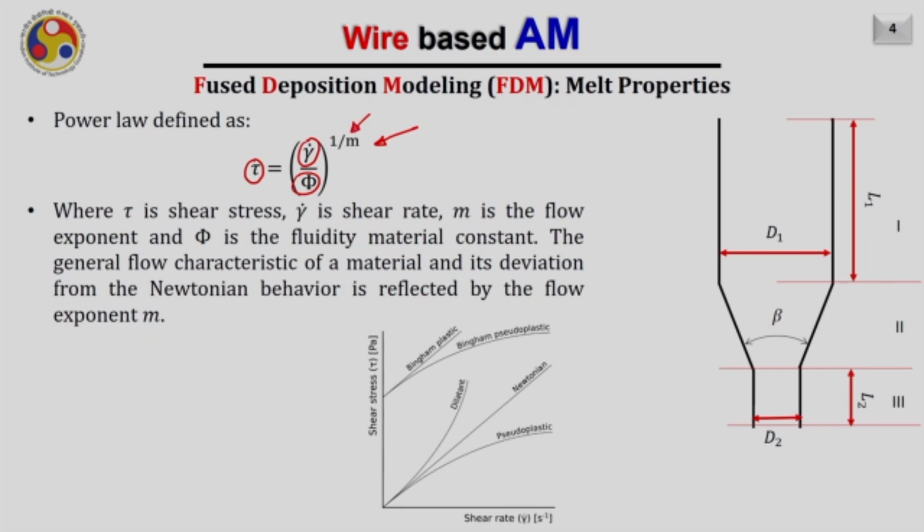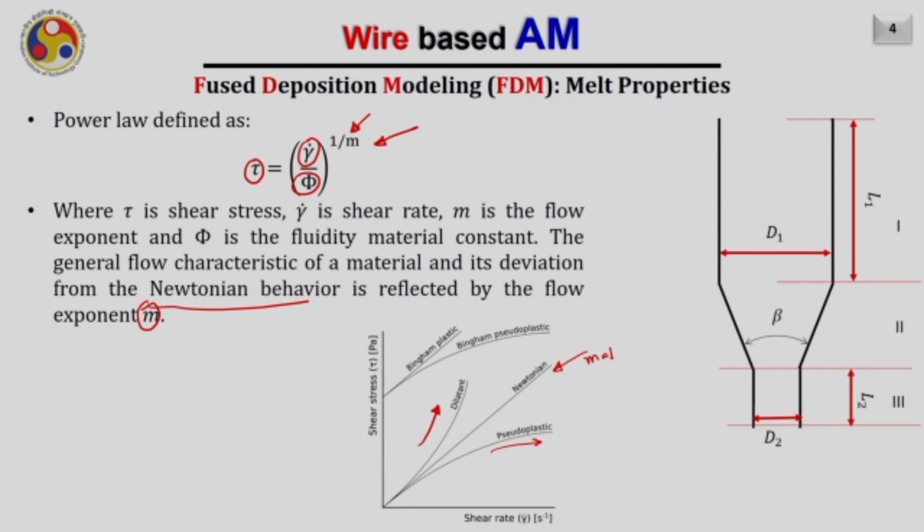The general flow characteristic of a material and its deviation from Newtonian behavior is reflected by the flow exponent m. As you can see, if the value of m is 1, it will be a Newtonian fluid, and based on the value of m, it can be either a pseudoplastic material or a dilatant material like this.